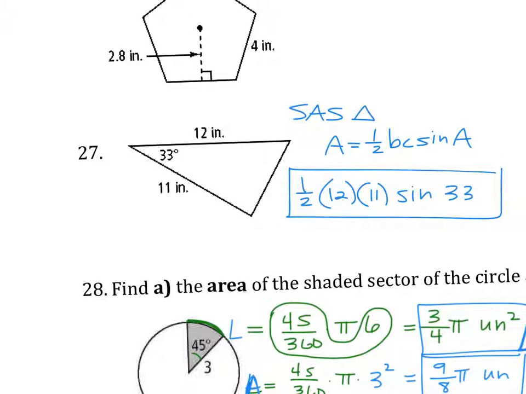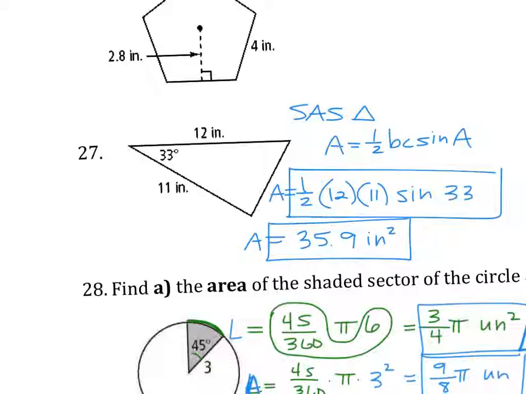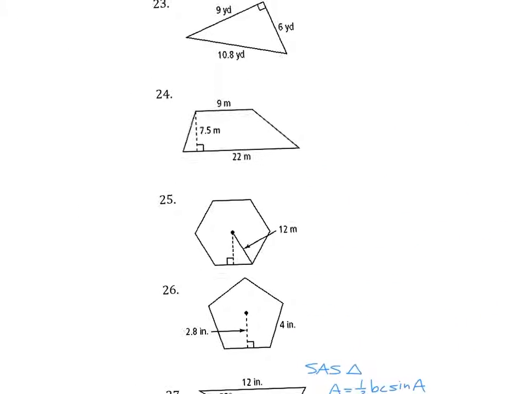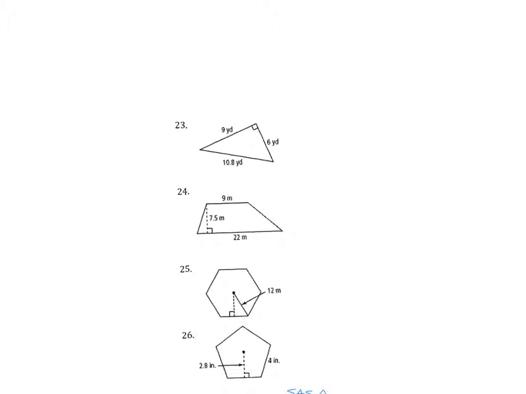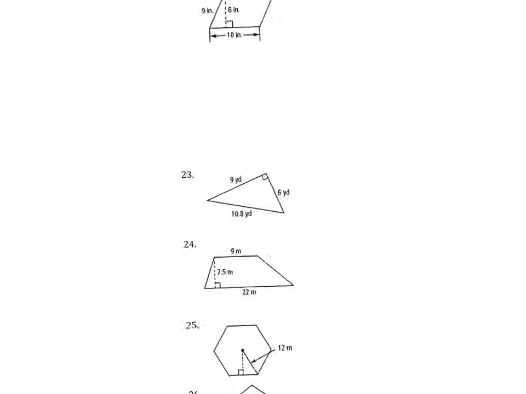And then you're just plugging that into your calculator, which comes out to 35.9. And that would be square inches because it's area. So that would be your answer. Anything else? You're good on all the trapezoid, regular polygon, that one's a triangle, parallelogram.